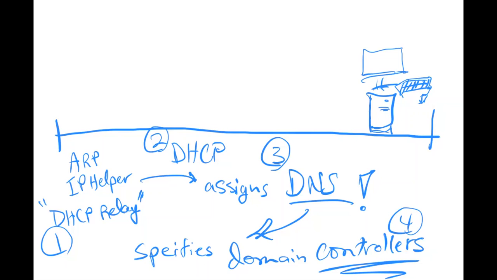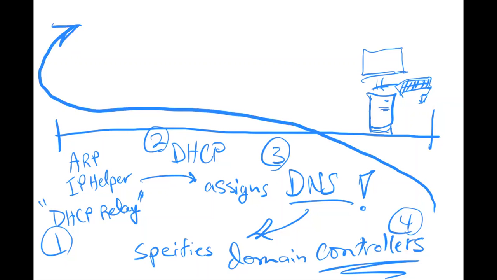Put another way, once you're a part of the domain, now you have this centralized management, right? So once you're a part of an Active Directory domain, you have the ability to do this. You can run some services called LDAP and Kerberos.